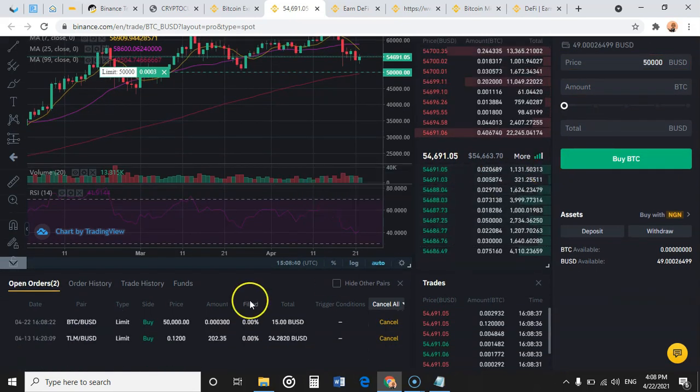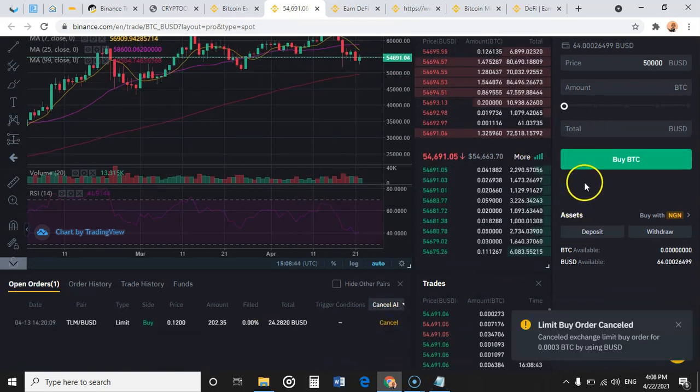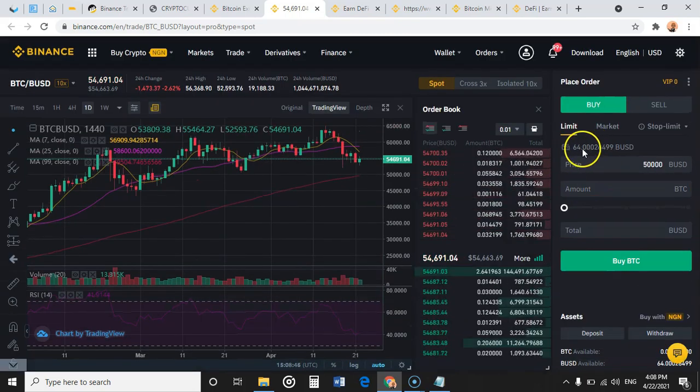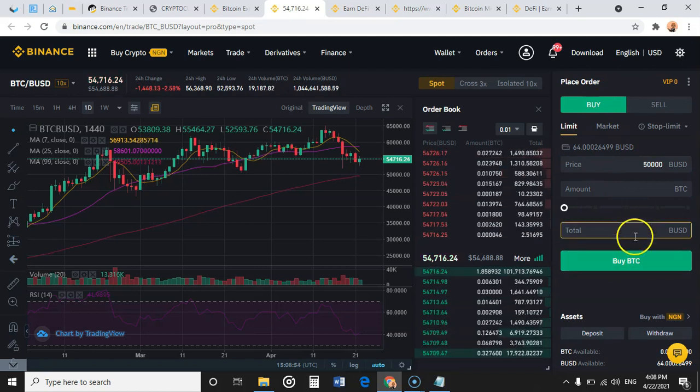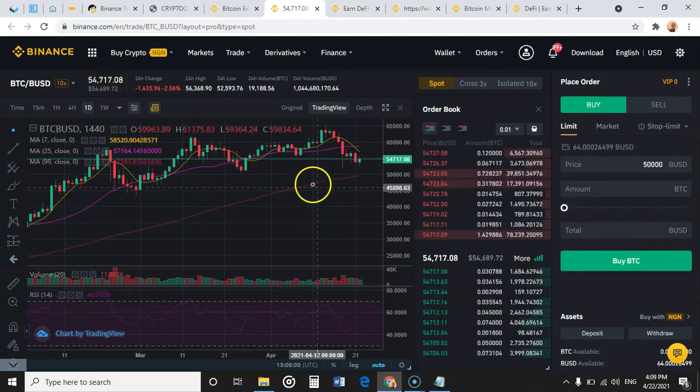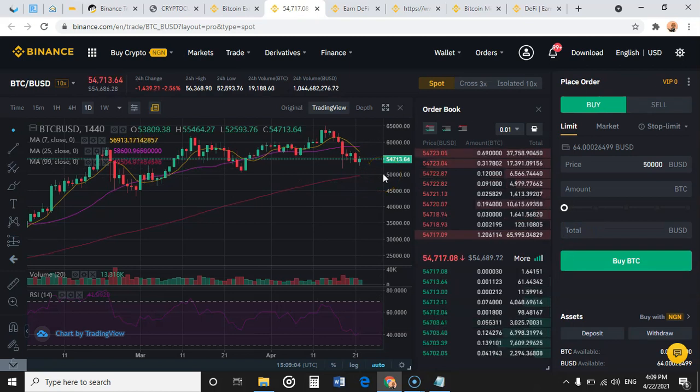So the moment you say cancel, it will cancel it, and the balance goes back to $64. That is for the limit order. You want to buy at a future price, like maybe we are predicting that Bitcoin might fall back to $50,000, so you want to set a limit.